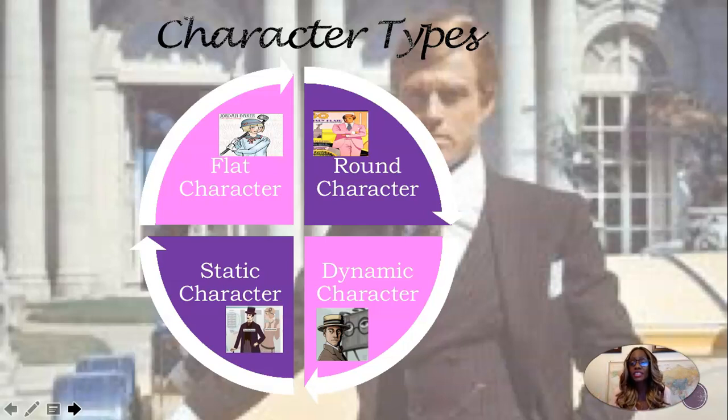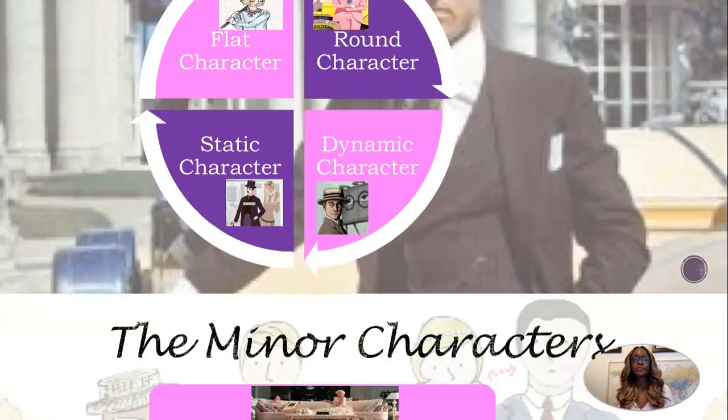And at the end, they're the same way. So they're static characters. Now, it's possible for characters to have a combination of these qualities. They might be round and dynamic, or they could be flat and maybe dynamic, or perhaps even more a static character would make more logical sense.